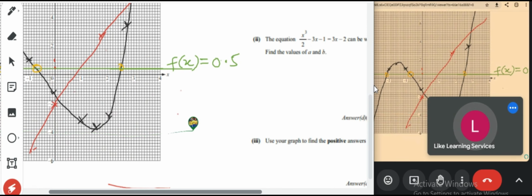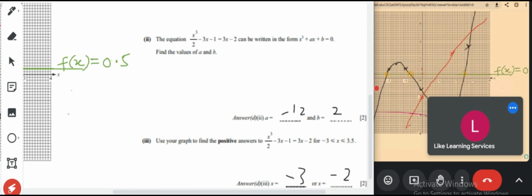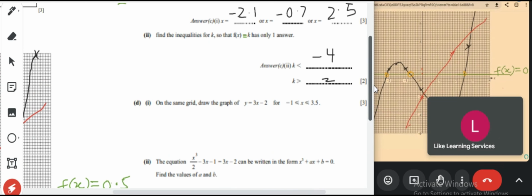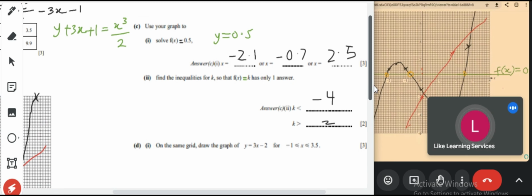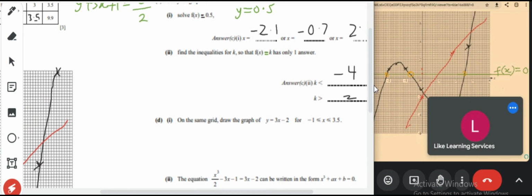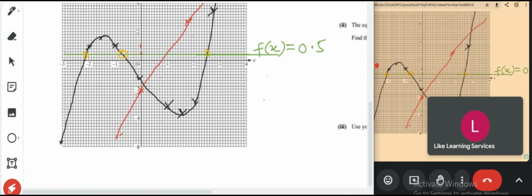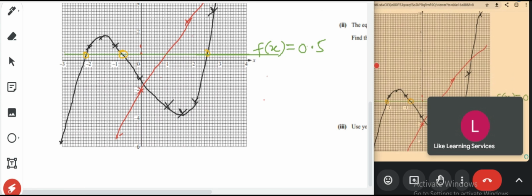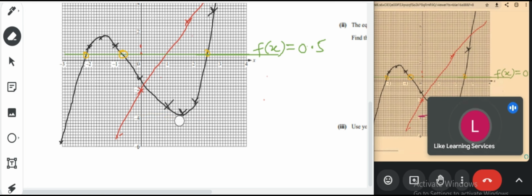Okay, where it has only one answer is where it cuts the graph only in one place. Did they say k is an integer? No. Okay, find the inequalities for k such that f of x has only one answer. I think the answer is minus 3.5, because it is somewhere even before minus 4, right?